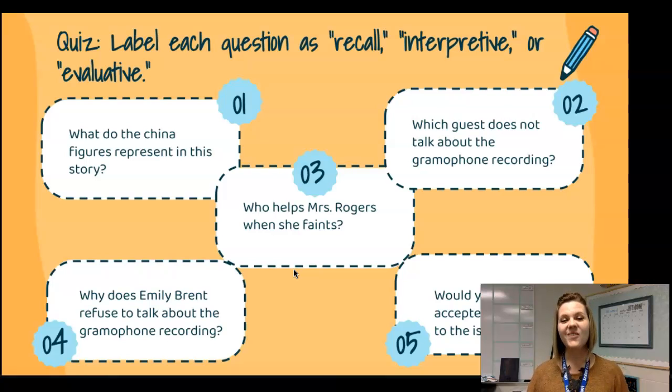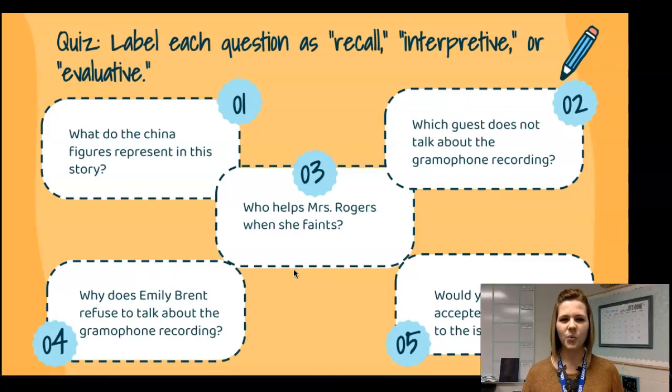So now we have talked about the different types of questions that you could ask. In the next 2 slides, I have 10 example questions. I want you to quiz yourself. Are these questions considered recall, interpretive, or evaluative? Question 1. What do the china figures represent in this story? Even though you might not know what story I'm talking about, you can probably still identify which type of question it is.